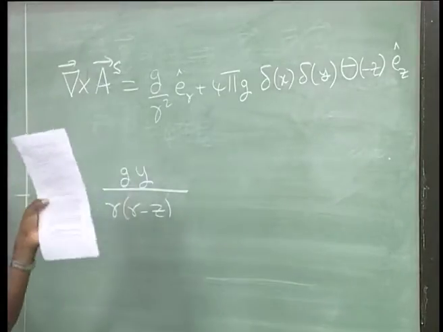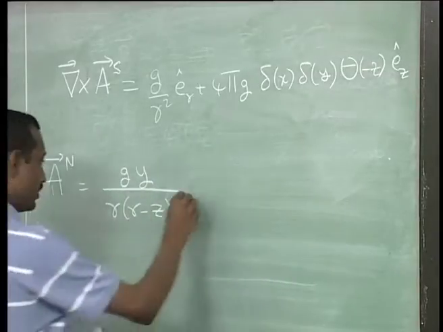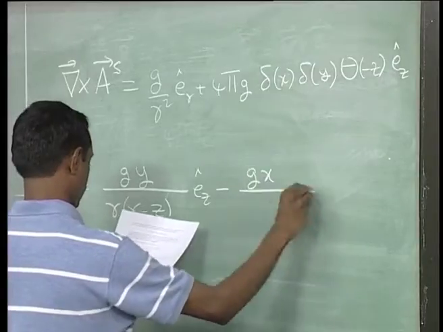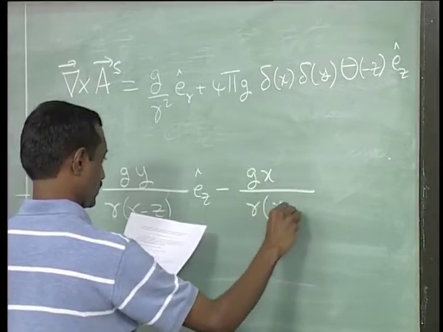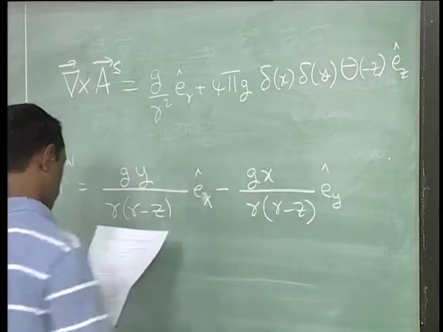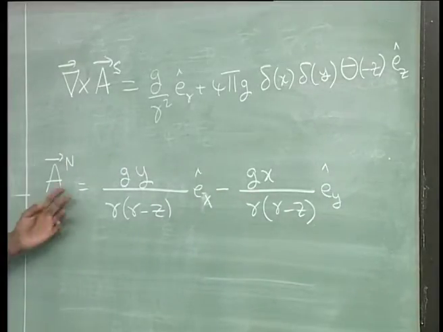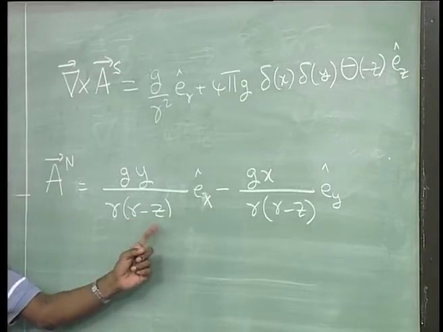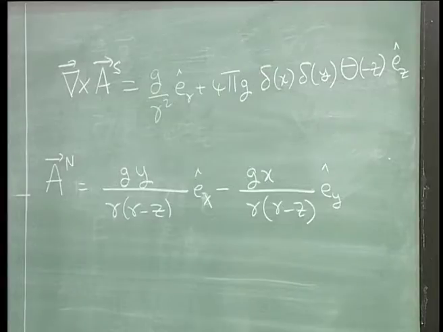This is just the assignment which I have given you. This has the same property, except that it now blows up at r equal to z, or z equal to r, which is the positive z axis.